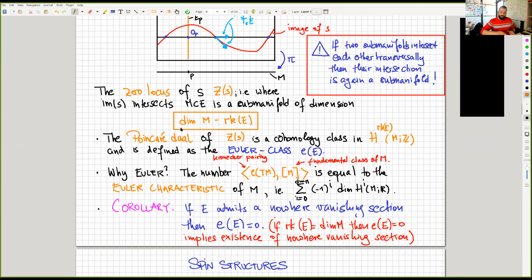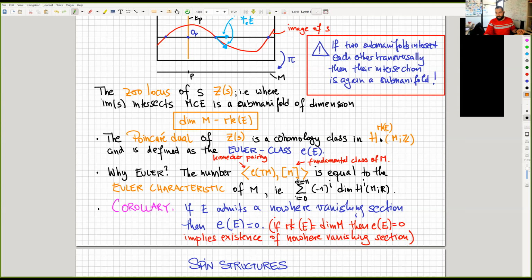So you have a submanifold in M, and if you take the so-called Poincare dual. So I don't want to, so if you know it, it's good. If not, just accept that if you have such a submanifold here in M, you just can take a so-called dual, and this is an element in cohomology class.